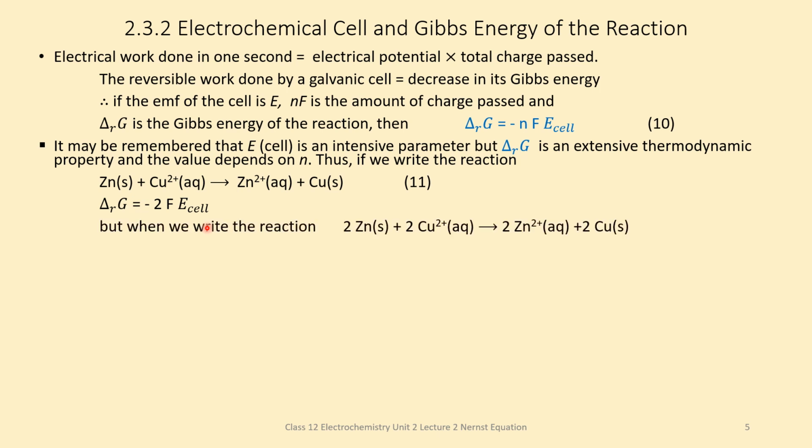But when we write this reaction as 2 Zn(s) plus 2 Cu2+(aq), the reaction forms 2 Zn2+(aq) plus 2 Cu(s). Then for the cell reaction, delta rG equals minus 4 into F into E of cell.